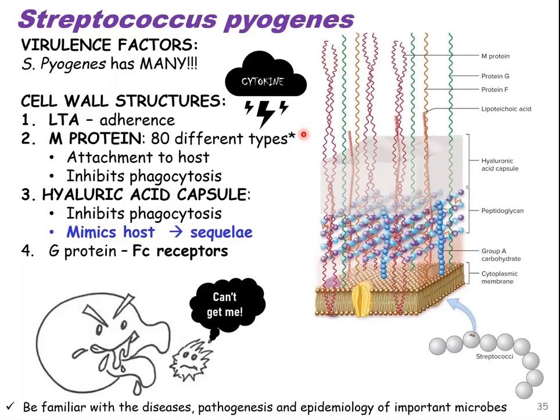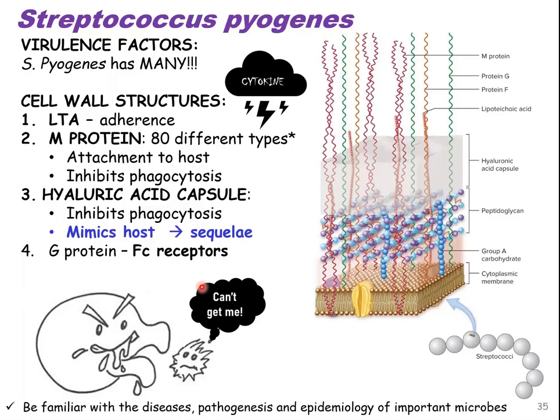That M protein also helps them to evade the immune system, so it inhibits phagocytosis. It has that high hyaluronic capsule, and if you remember hyaline cartilage, it looks a lot like our tissues, which allows them to sort of mimic the host. And this is also that problem with that post-streptococcal sequelae.